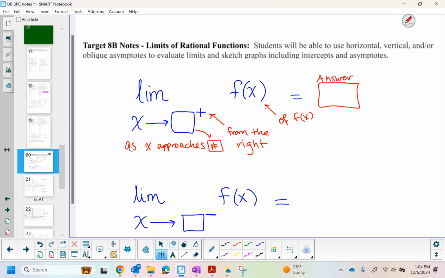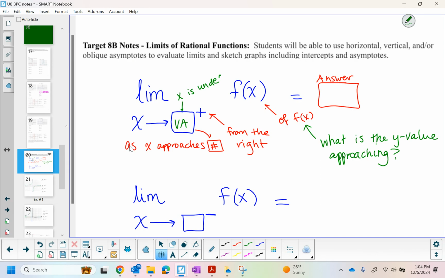And so what that is saying is when x is doing this, what is y doing? What is the y value approaching? And the reason that we use the limits is because this is usually at a vertical asymptote and x is technically undefined.